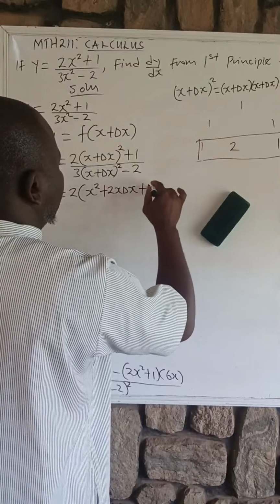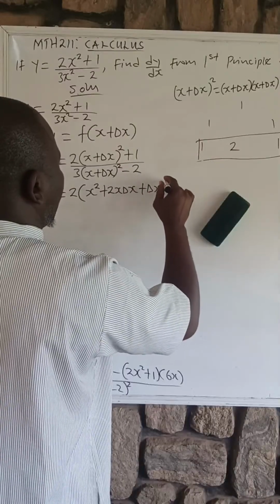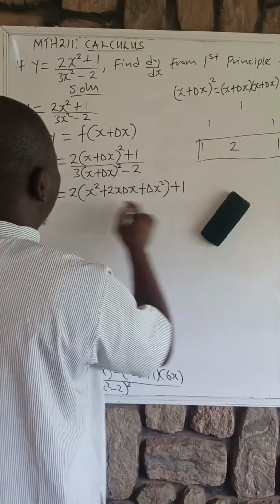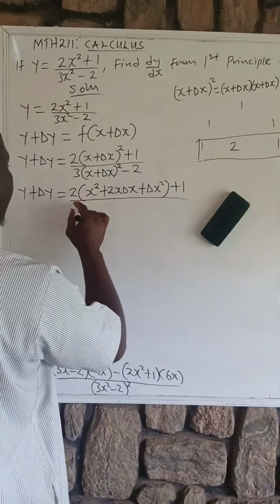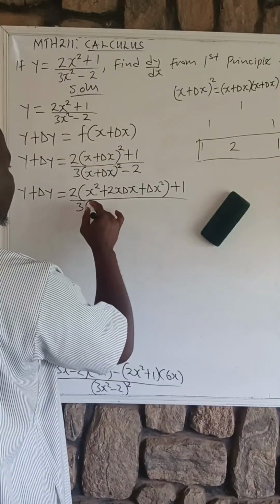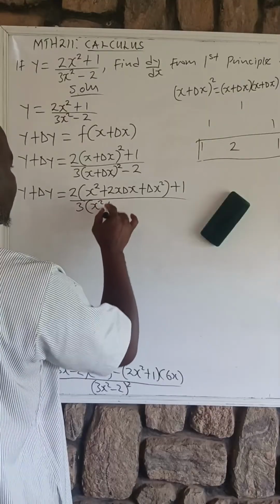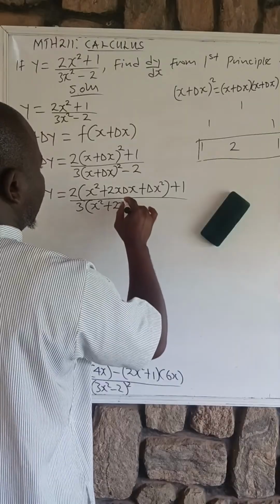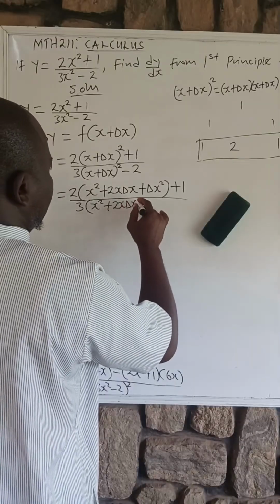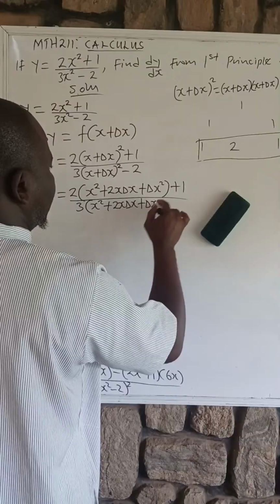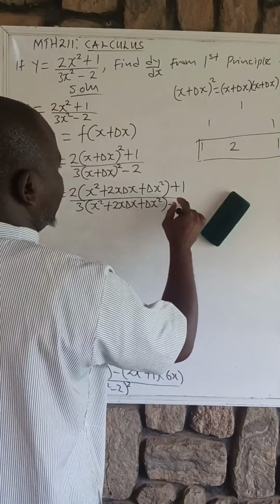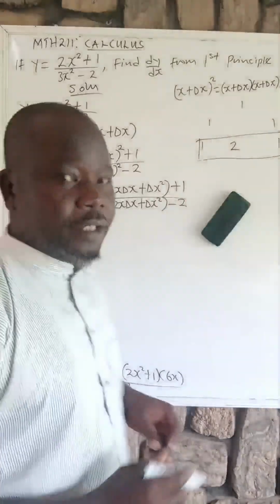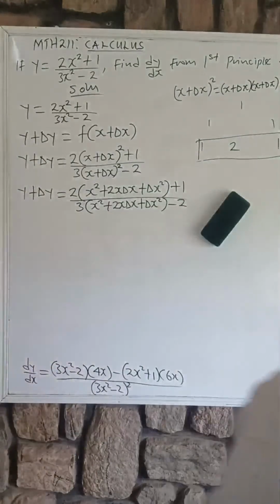Plus dx squared, close bracket, plus 1, all over the same thing applicable, 3 open brackets, x squared plus 2x dx, then plus dx squared, close bracket, minus 2. Are you following?